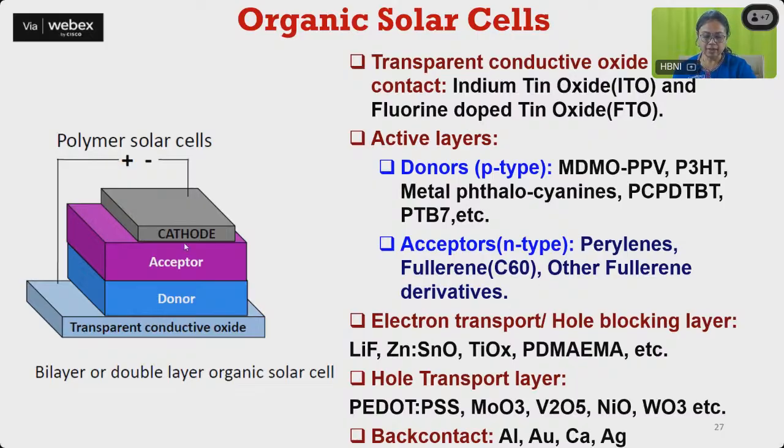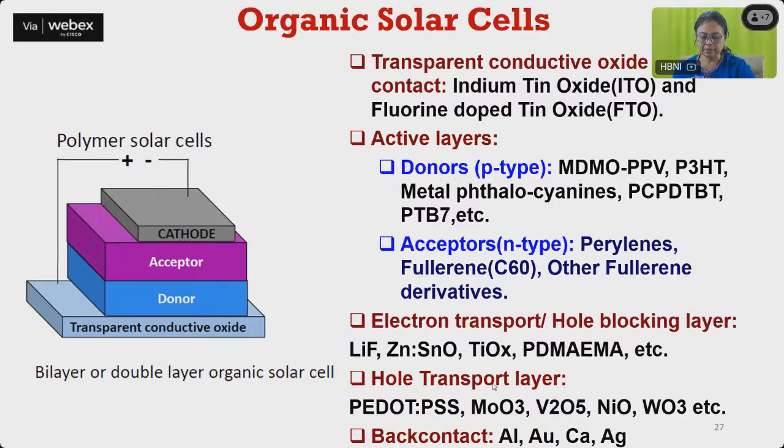Then we have the electron transport layer and the hole transport layer. We require them because direct metallization cannot be done, since we have to make an ohmic contact. So above the N-type semiconductor you require an electron transport layer, and on the p-type semiconductor you require a hole transport layer.